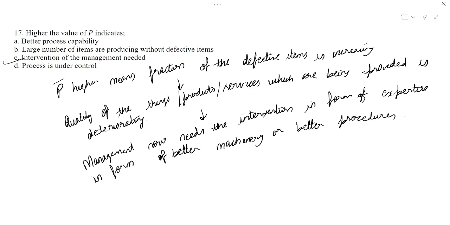That suggests some problem in the manpower. So if the points in the P chart are falling beyond the control limits, intervention with regard to manpower is needed. And if the process average or center line is shifting toward the higher side, then management intervention is needed, in the form of better machinery, procedures, manpower or skill to reduce the proportion of non-conforming items.